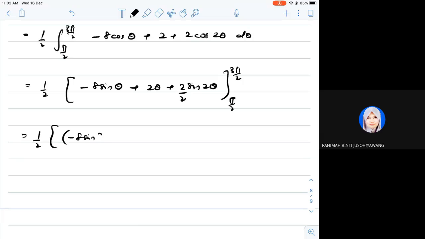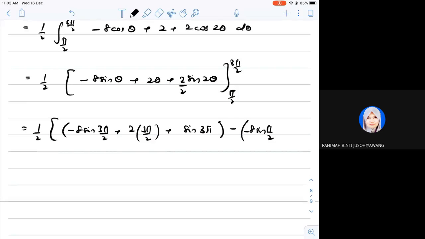Negative 8 sin 3 pi over 2 plus 2 times 3 pi over 2 plus sin 2. 2 darab 3 pi per 2 jadi sin 3 pi. Minus negative 8 sin pi over 2 plus 2 times pi over 2 is pi plus sin 2 pi, so 0. Alright, so 3 pi over 2 should be negative 1. Sin 3 pi is also 0.